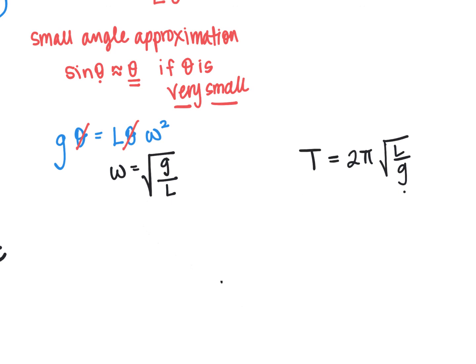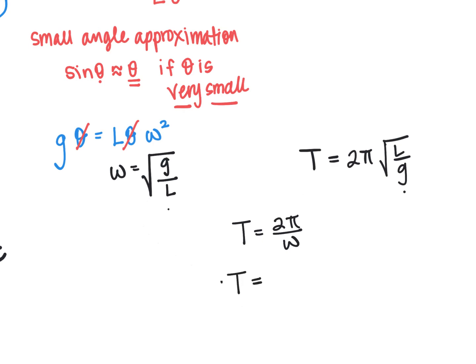Notice this is the reciprocal. So I could write the period as being 2 pi over omega, because the reciprocal of omega would be the root L over g.